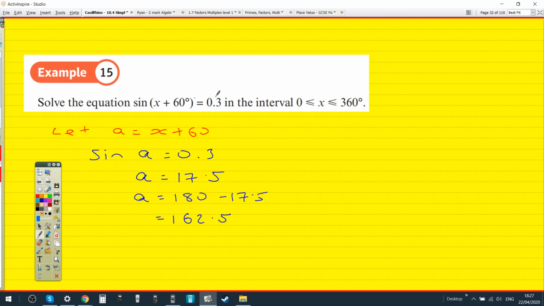So we have, instead of x, we have x plus 60. How do you go from x to x plus 60? Add 60. Yep. What is the new range? 420. And lower bound? 60. Yes. So between 60 and 420.